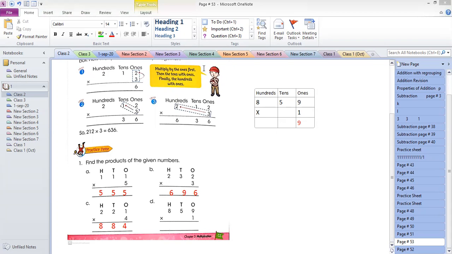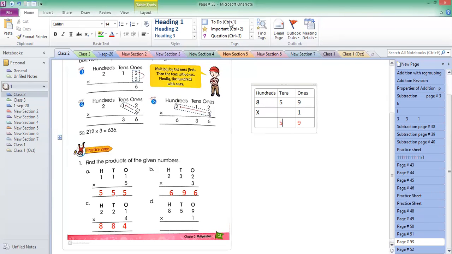Adam. Yes, sir. What number should I write here in the tens answer? 5. Why 5? Because 1 multiplied by 5 is 5. Very good. Because 1 multiplied by 5 or 5 multiplied by 1 equals 5.